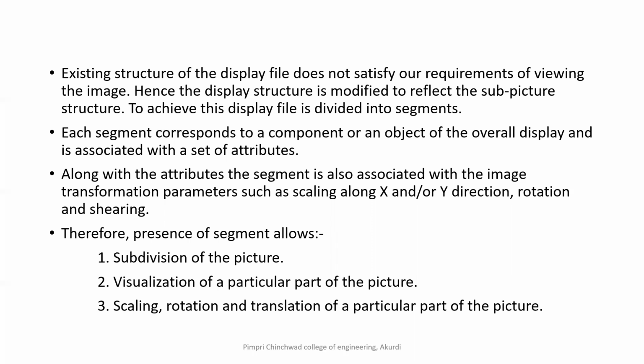Therefore, the presence of segments helps us to subdivide the picture into components. It also helps us to visualize a particular part of the picture. Moreover, scaling, rotation, and translation, all the transformations of a particular part of the picture, are also achieved by the presence of segments.